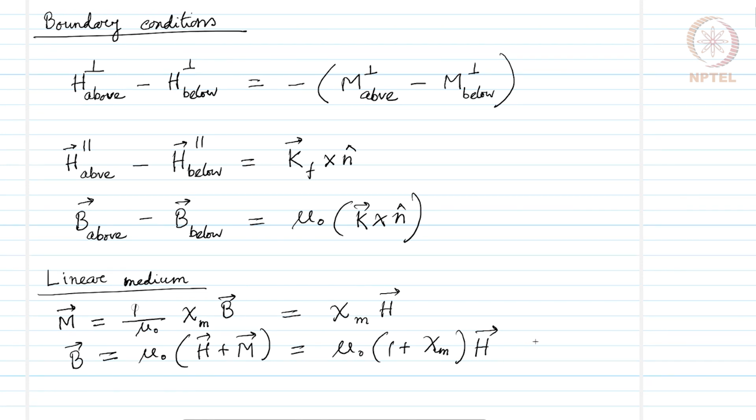So, we can write this quantity as mu, and then this gives us mu H. This expression is very similar to the case of linear dielectric material, where now mu can be called the magnetic permeability of the linear medium under consideration.